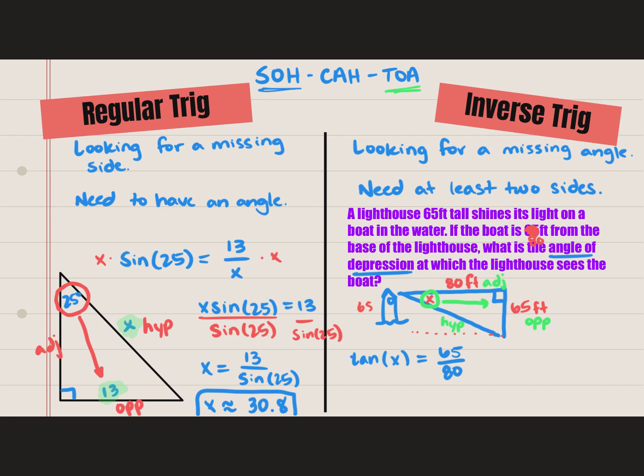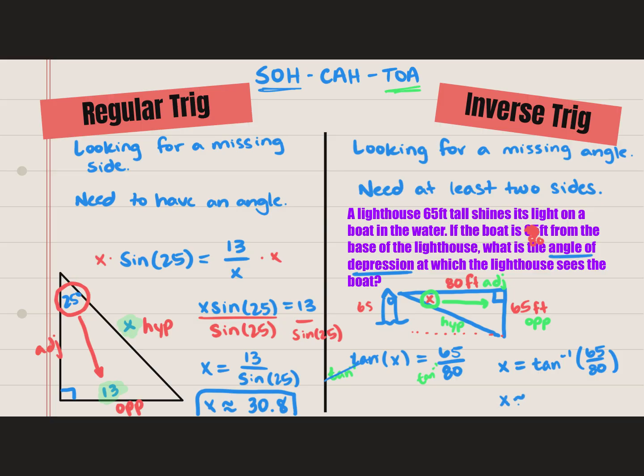I need to get that x out of the tangent, and to do that, I use my inverse tangent function on my calculator. So inverse tangent of both sides. That's going to release the x from inside the parentheses, which is the angle we're looking for. And on the right side, those will cancel there, I get inverse tangent of 65 over 80.